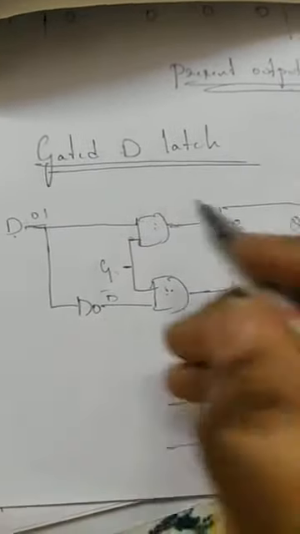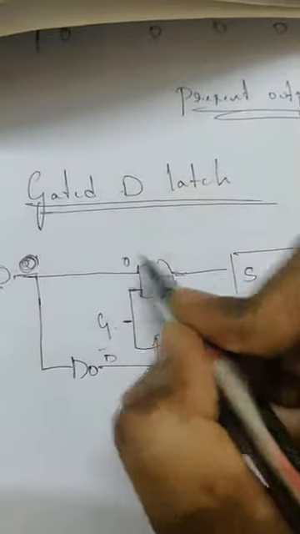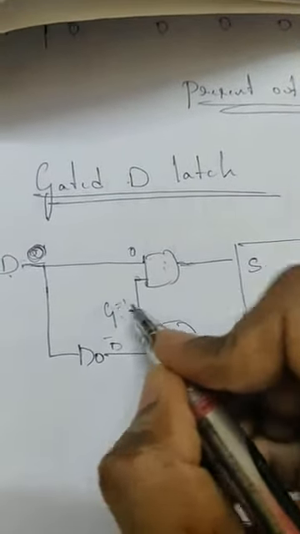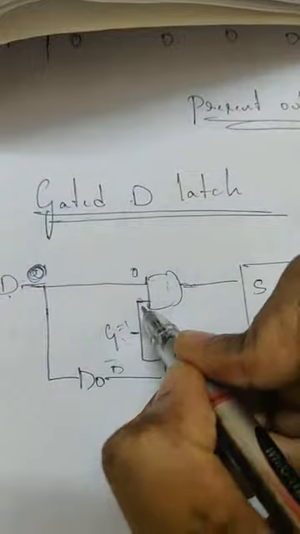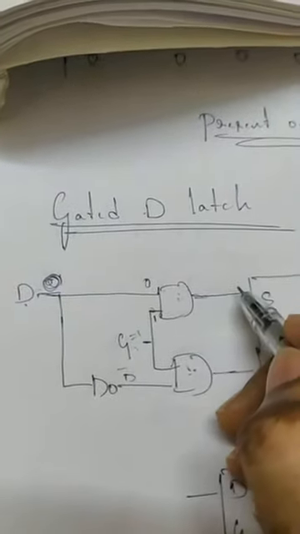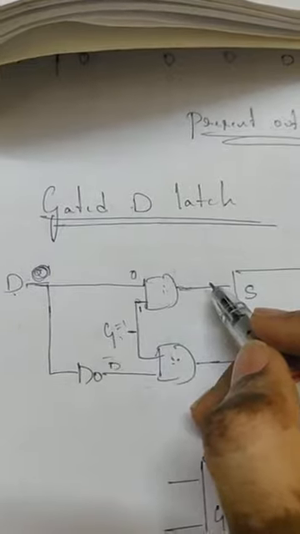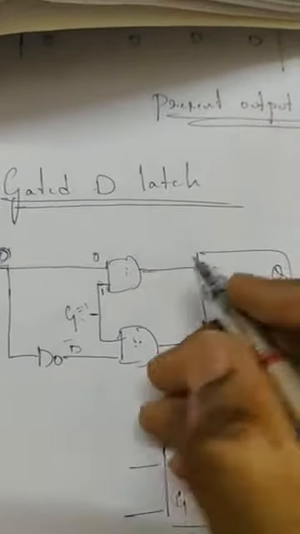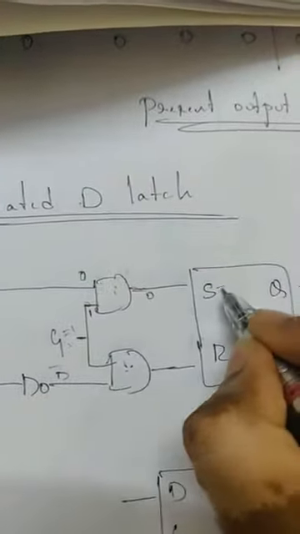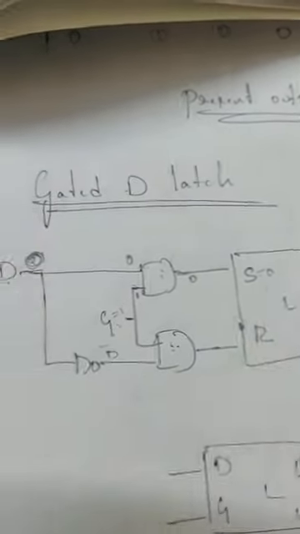How? Let me check here. Let me take D as 0. What is the input here? 0. Whenever G is 1, means whenever gate is open, this is 1. 0 and 1 in case of AND gate is 0. So S is equal to 0.